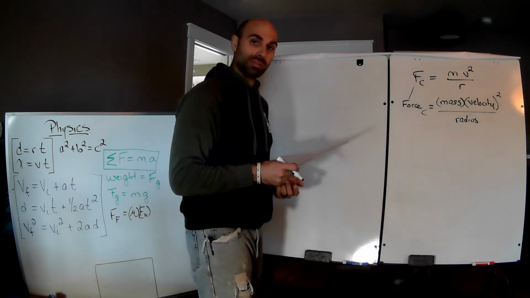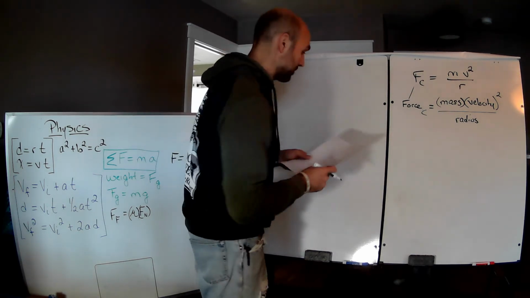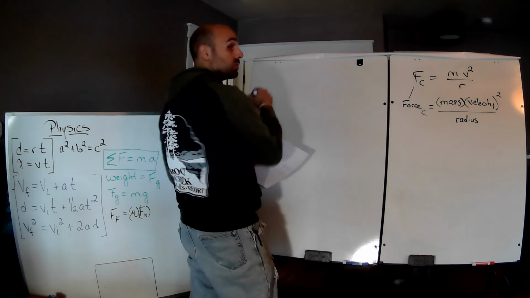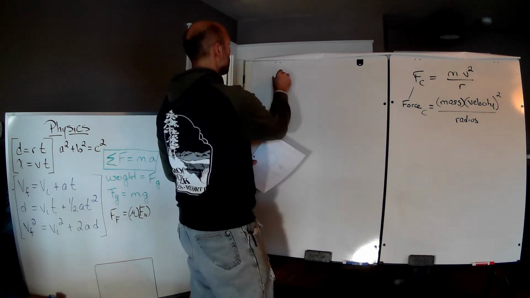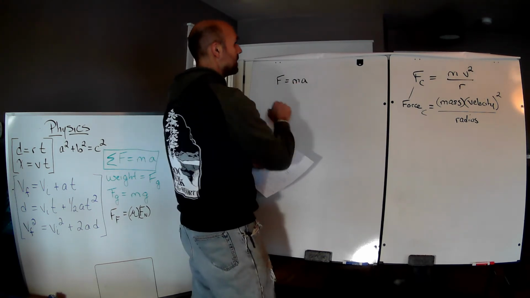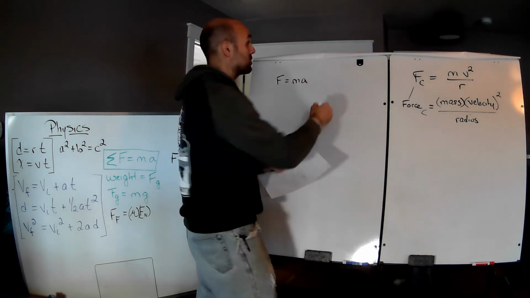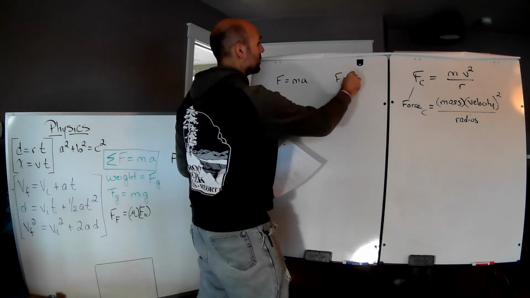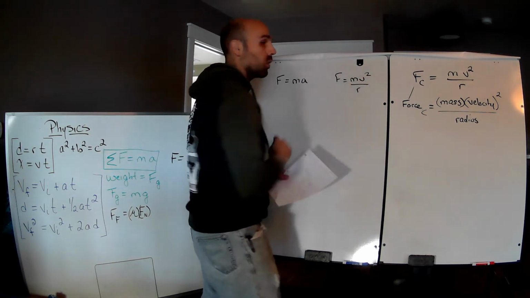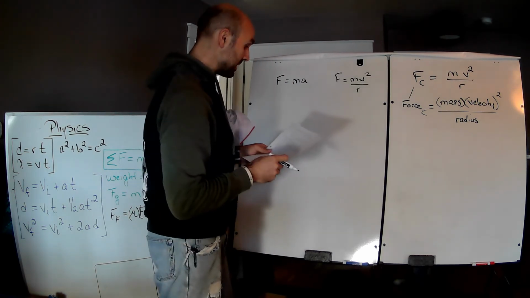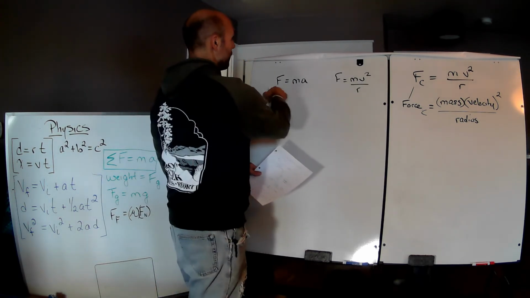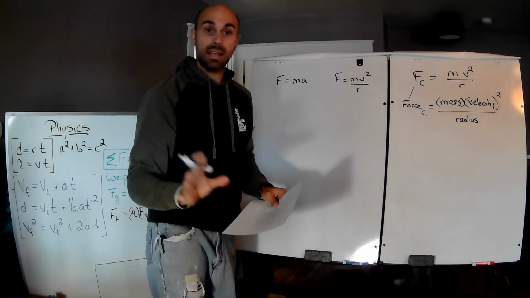Alright. Guess what? We can derive some more relationships from this. So let's go back to Newton's second law. F equals ma. And we're going to involve our new equation for circular motion, F equals mv squared over r. From here, F and F are the same. I want you to make this connection, right?